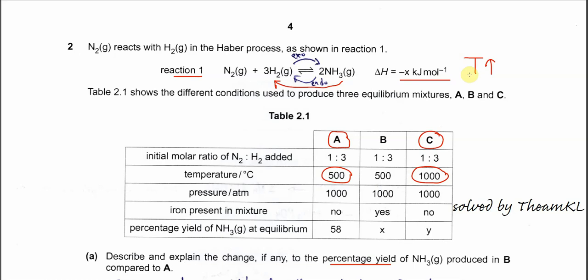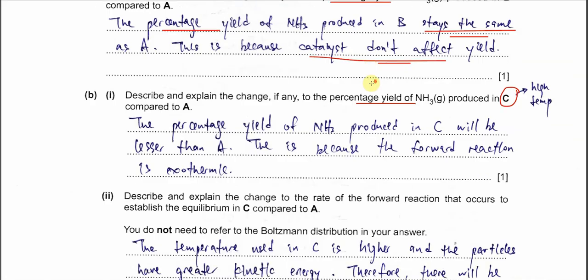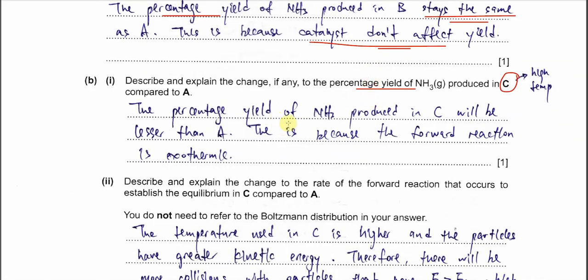Therefore, when temperature increases, the equilibrium shifts to the left, the products will get lesser. So the yield will decrease. That's how you state the yield of the ammonia in C. So the percentage yield of the ammonia produced in C will be lesser than A.